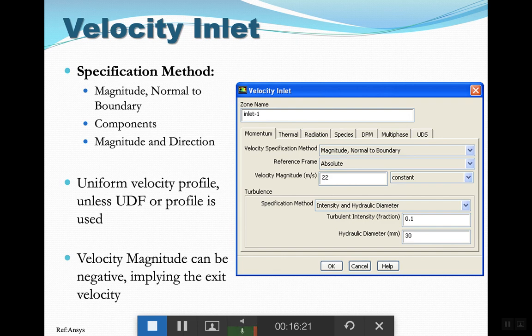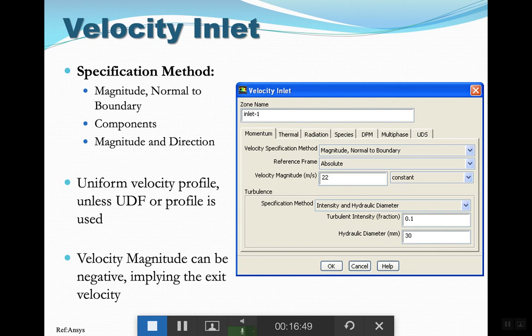In components, you provide the x, y, z components of the inlet velocity, and in the last one, you provide the magnitude, 2 meters, 3 meters per second, and also the direction vector. The most common one to use is the first one, since you do not need to be worried about the orientation of the velocity inlet surface, and you just provide the magnitude.